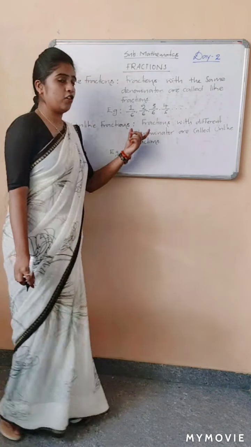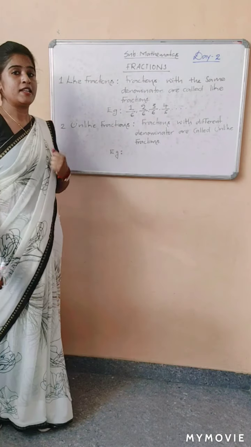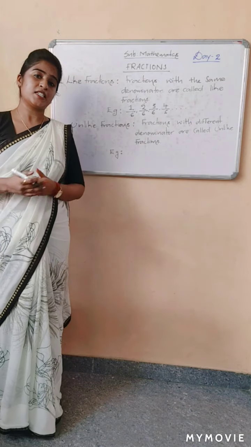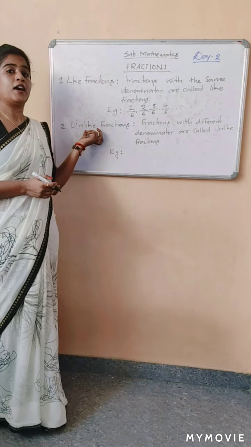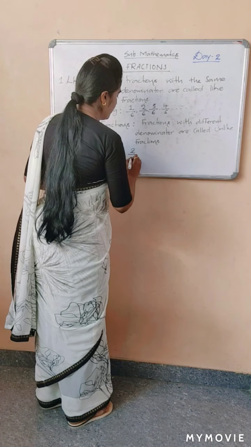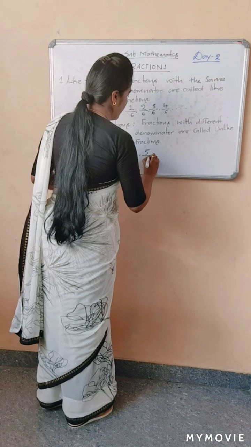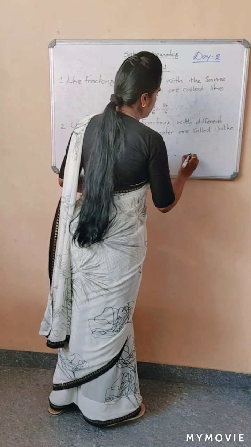If fractions have different denominators, then they are said to be unlike fractions. For example, 2 by 7, 5 by 9, 7 by 11, etc.